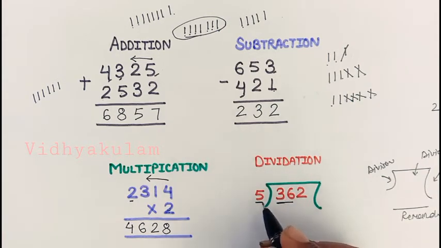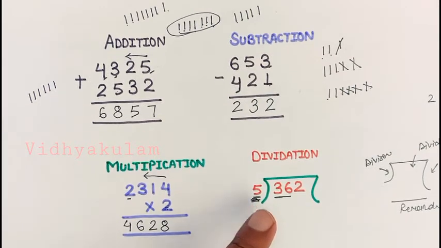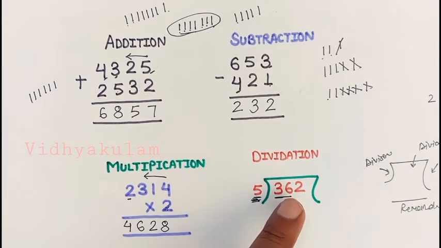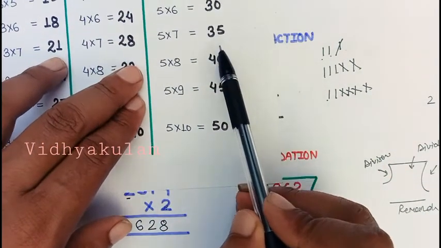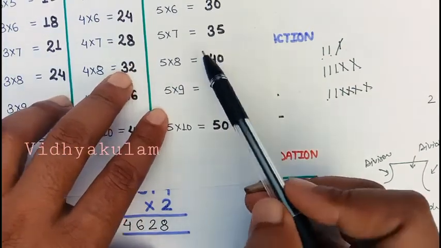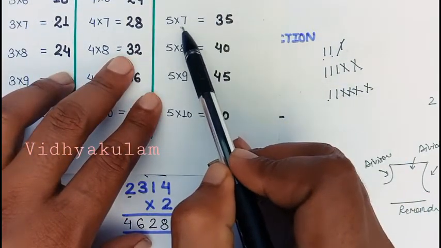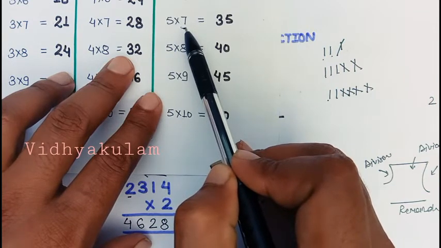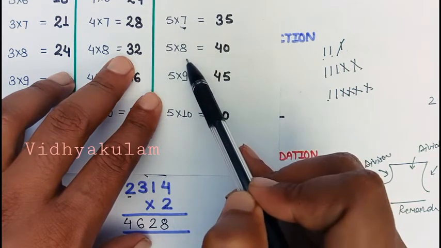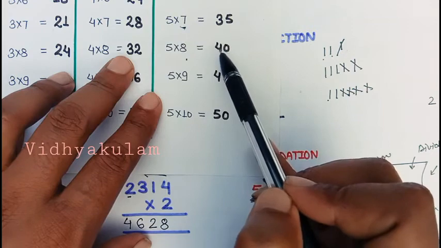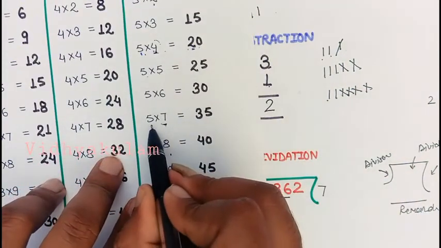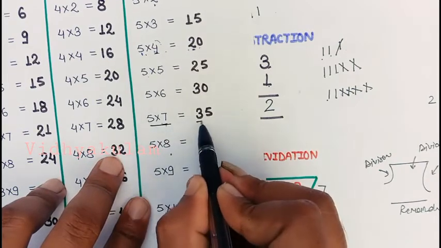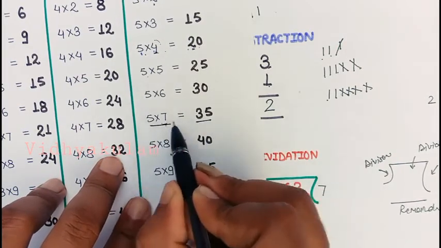Okay, now read the table of 5. We need a product that does not exceed 36 and is just close to it: 5 7 ja 35, but 5 8 ja 40. You saw it went 7 times, because in 8 times it becomes more. So 7 right here. And what comes after multiplying? 5 7 ja 35.